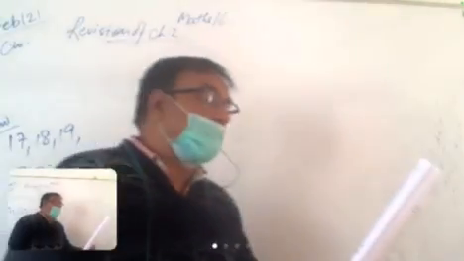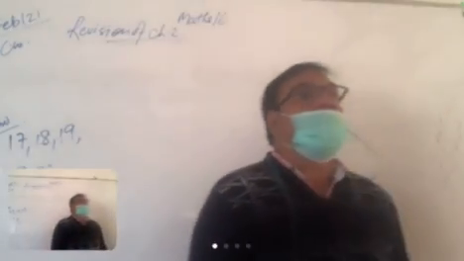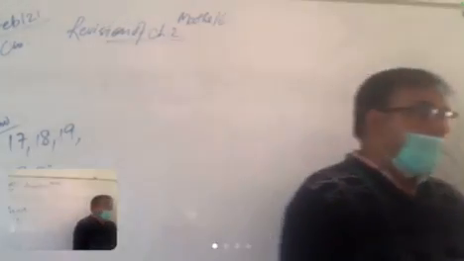Okay. Now the question number 20: find the least number divisible by 15, 20, 24, 32 and 36. We have to find the least number. Can you tell me what is the least number? Yes, okay, tell me, Smriti.